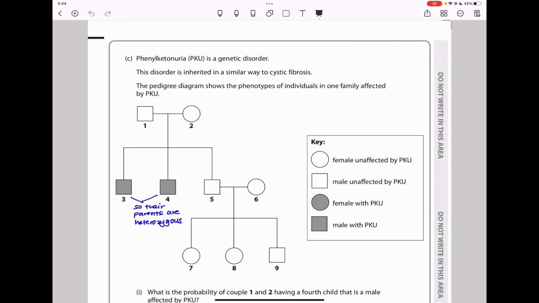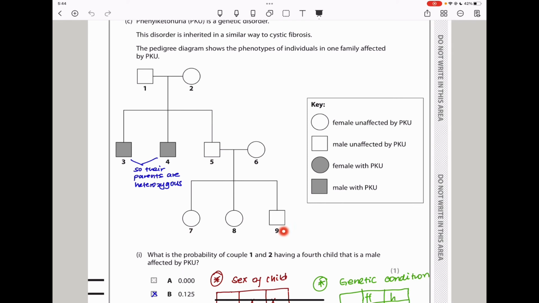We cannot conclusively tell. Now, when we look at the children from individual 5 and 6, we can see that they are all not showing the phenotype for that specific condition. And it could be that individual 6 is homozygous dominant if individual 5 is heterozygous, so that all the children are always going to show no condition outside, even if some of them might be heterozygous or they could be homozygous dominant. So we cannot tell.